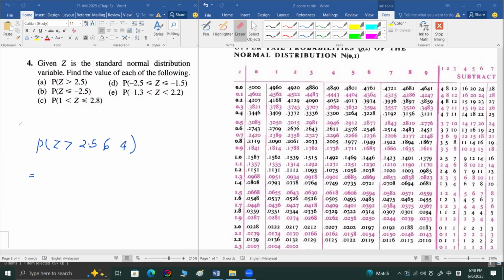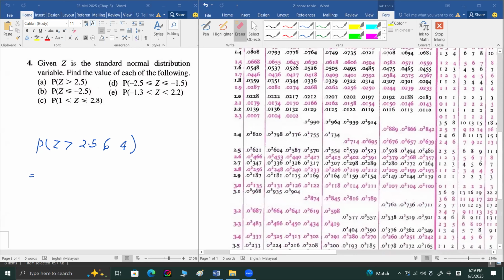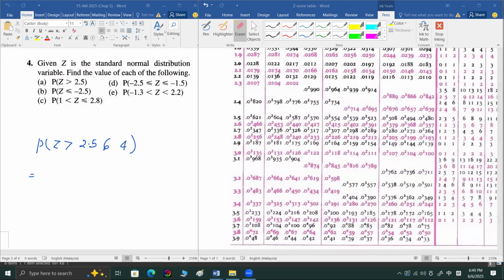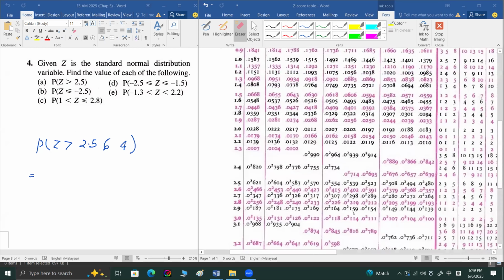So you look at 2.5, and then 6. So you have to see from here.